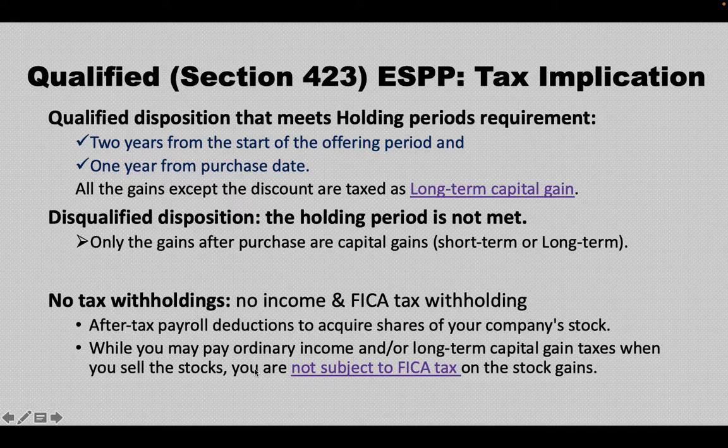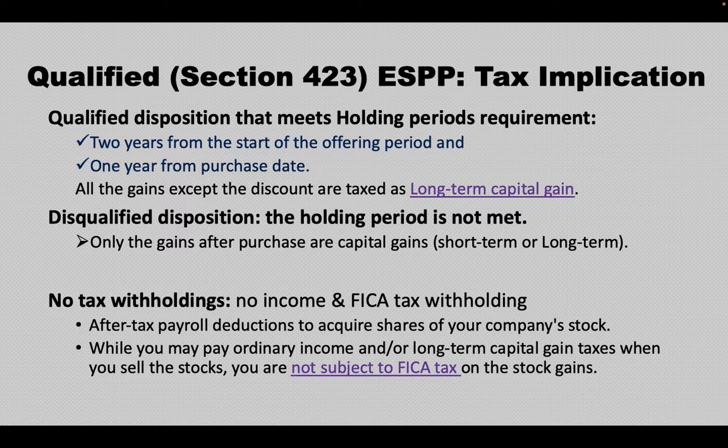However, one thing to know is when you sell the stocks at a gain, you usually have ordinary income or long-term capital gains, so you are subject to income tax. However, you are not subject to FICA tax on those stock gains.